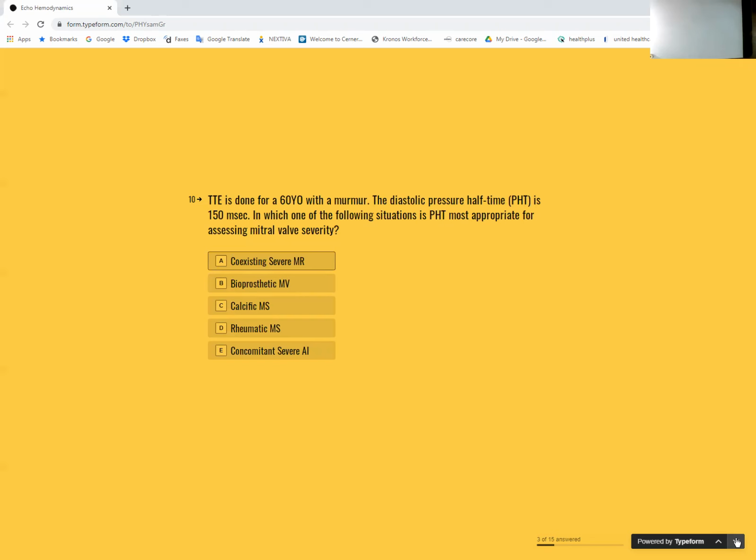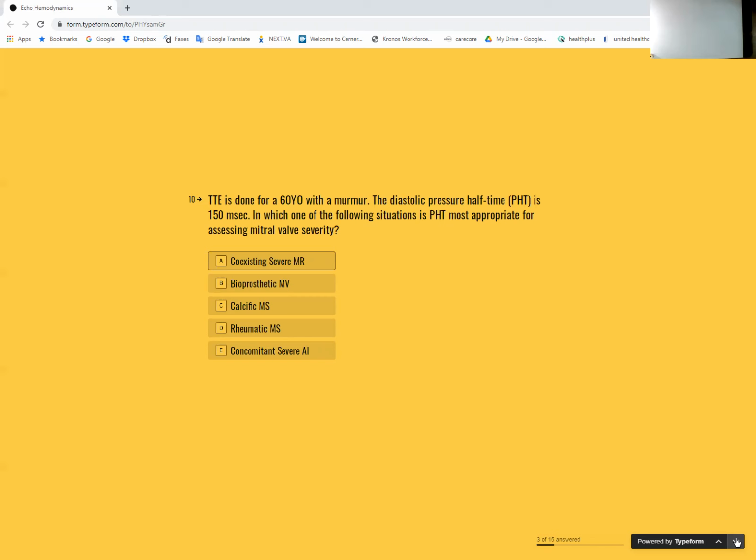I'll give you a clue. You can use pressure half time for calculating mitral stenosis severity if you have a normal LV and normal loading conditions.